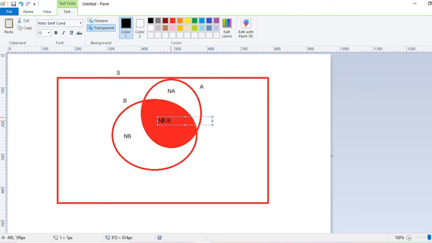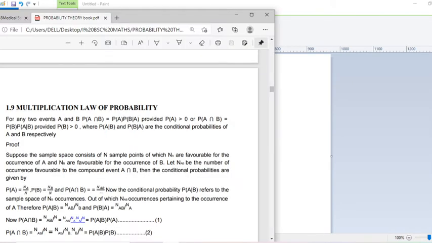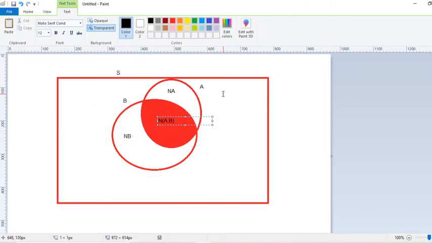NAB represents the number of favorable cases corresponding to the intersection event. Na is the number of favorable cases for the event A. NB is the number of favorable cases for the event B. So what is the probability of A? Probability of A is nothing but the number of favorable cases divided by the total number of cases.